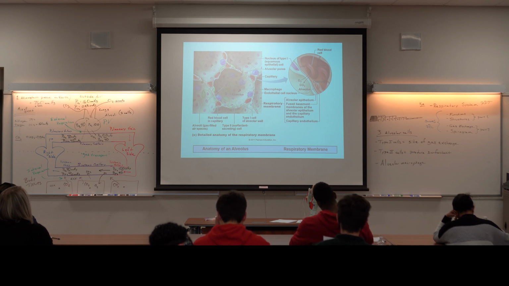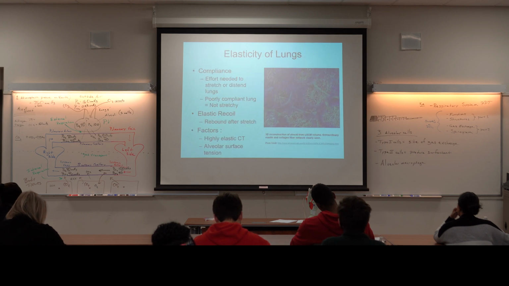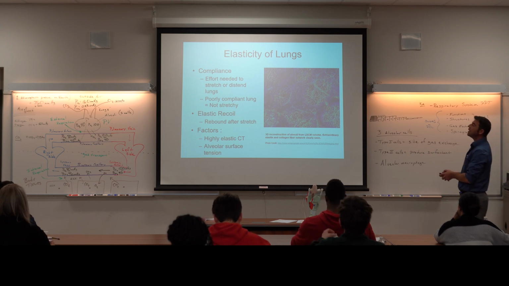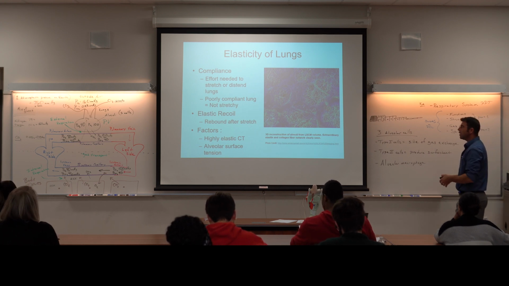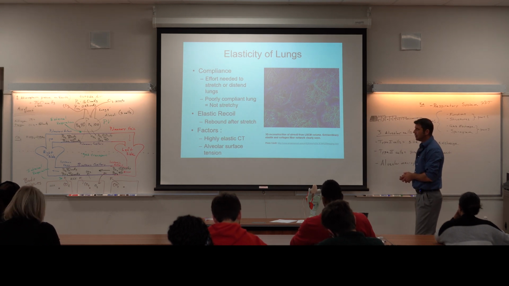Okay, so we've seen our trends as we get into the respiratory tree all the way down to the alveoli. We've listed our 3 cells of the alveolus. We've talked about surfactant. I mentioned this term compliance and how that refers to the effort that you need to stretch out the lungs, that poorly compliant lungs are ones that have lost their stretchiness.